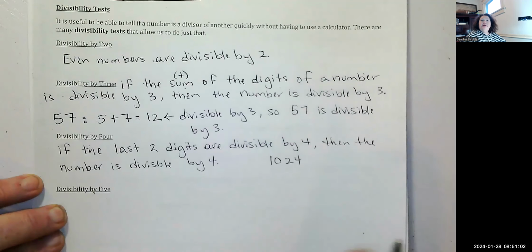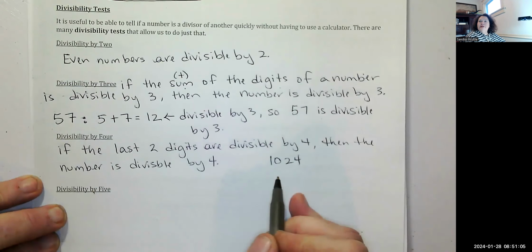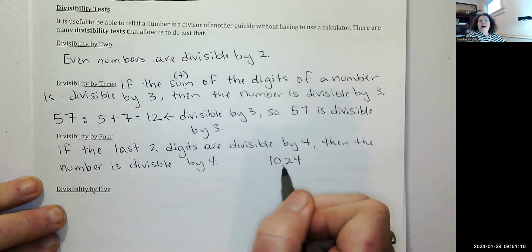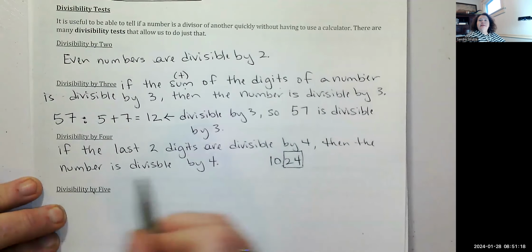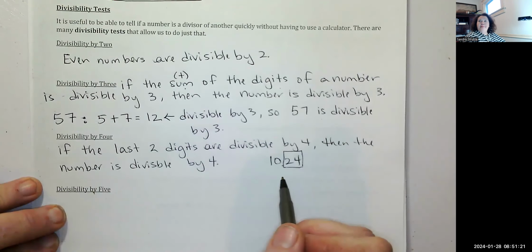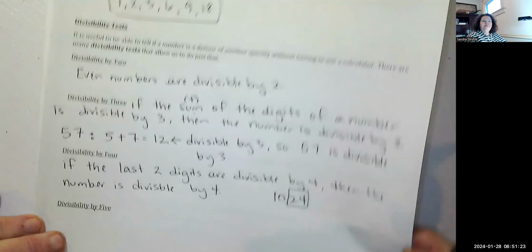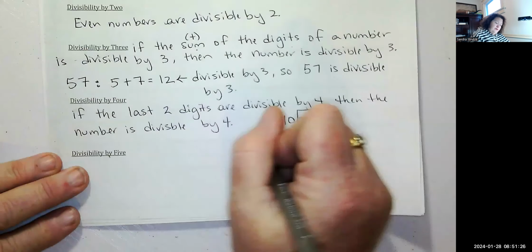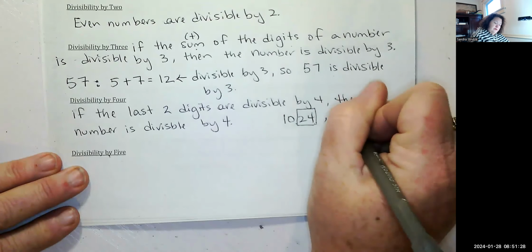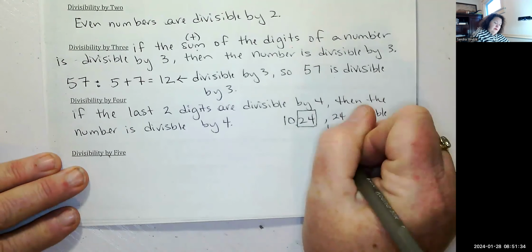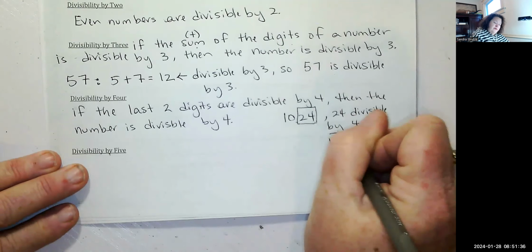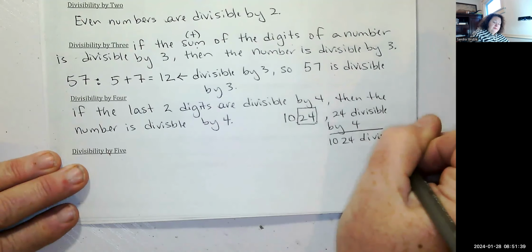Is 1024 divisible by 4? In this case, we just use the last 2 digits. 24 divided by 4 is 6, so 24 is divisible by 4. Therefore, 1024 is divisible by 4.